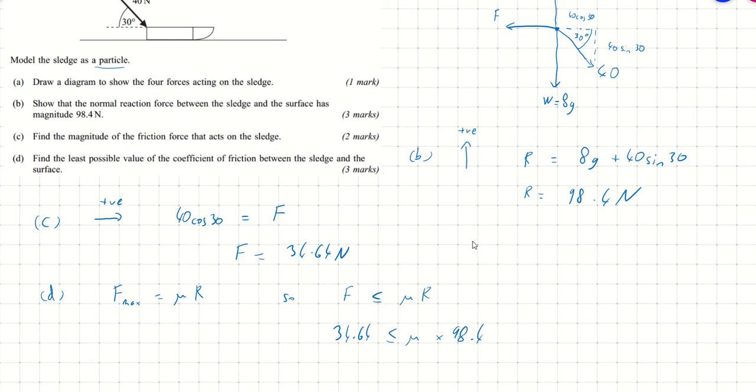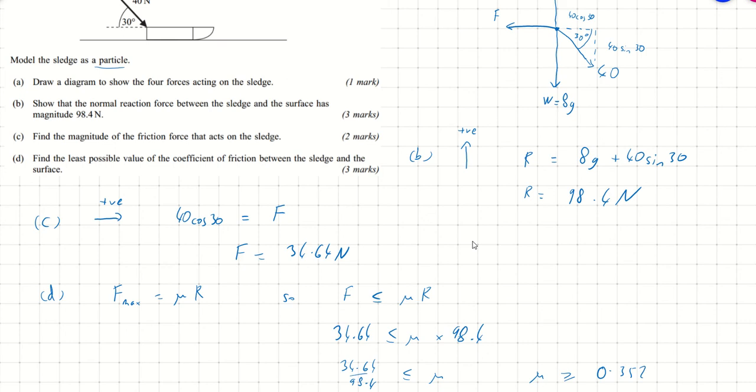So just rearranging this equation, divide both sides by 98.4. 34.64 over 98.4 is less than or equal to mu, and that means mu is greater than or equal to 34.64 divided by 98.4, which is 0.352 to 3 significant figures.